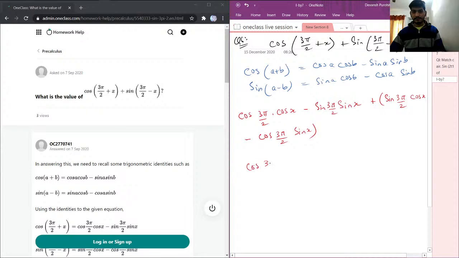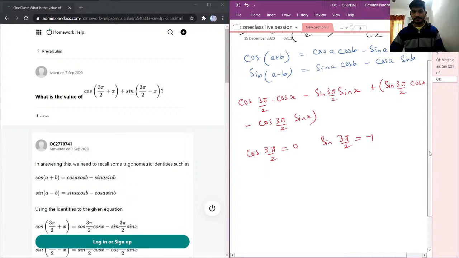Now 3 pi by 2 is 270 degrees. I'll use my calculator. Yes, it will be 270. So cosine of 270 will be 0 and sine of 3 pi by 2 will be -1.